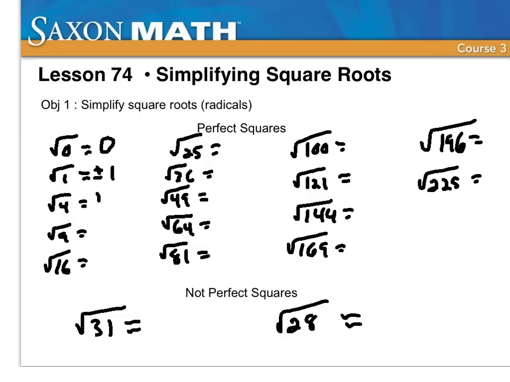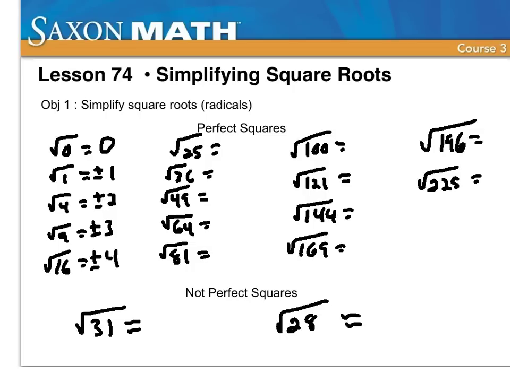Square root of 4 is plus or minus 2. Square root of 9, plus and minus 3. And the square root of 16 is plus and minus 4. Now notice these are all integers, meaning positive or negative whole numbers. So these numbers underneath the square roots are perfect squares because their square roots are integer numbers.